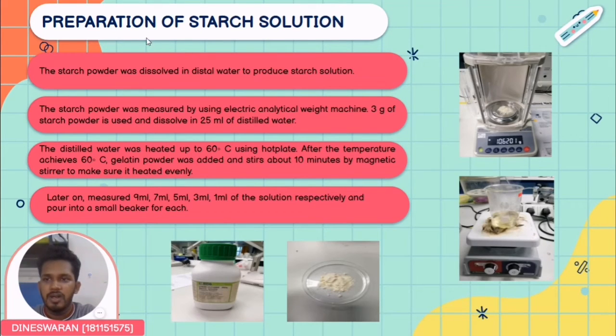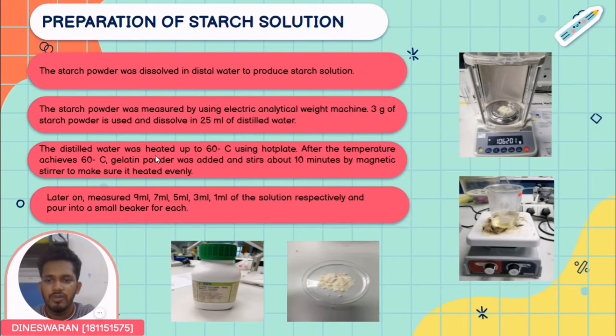For the second part, I was preparing the starch solution. The starch powder was dissolved in distilled water to produce starch solution. The starch powder was measured using an electronic analytical weighing machine. 3 gram of starch powder is dissolved in 25 milliliter of distilled water.